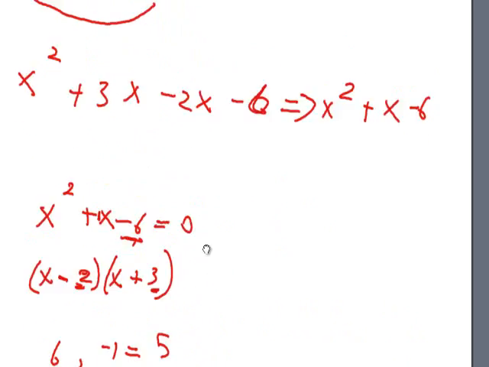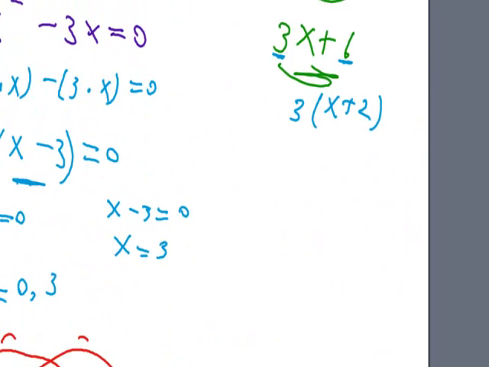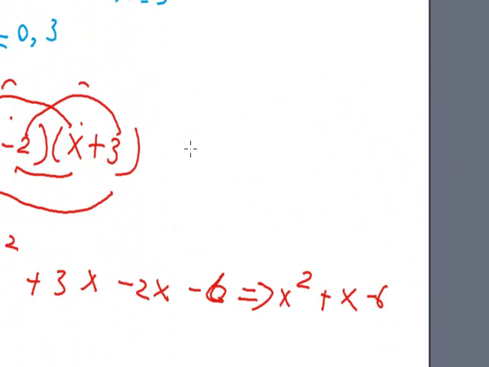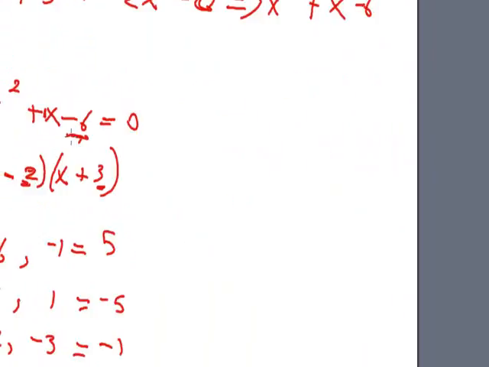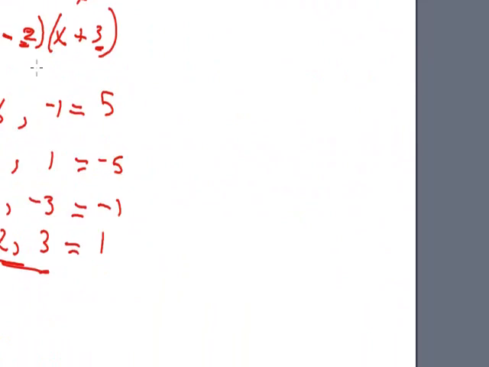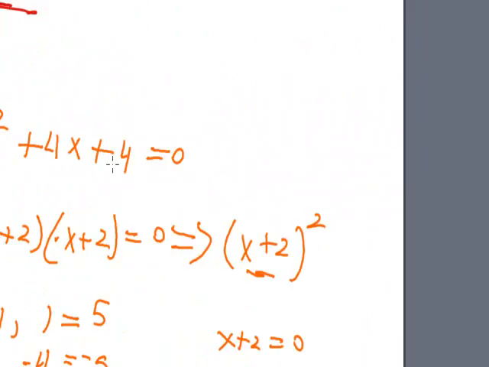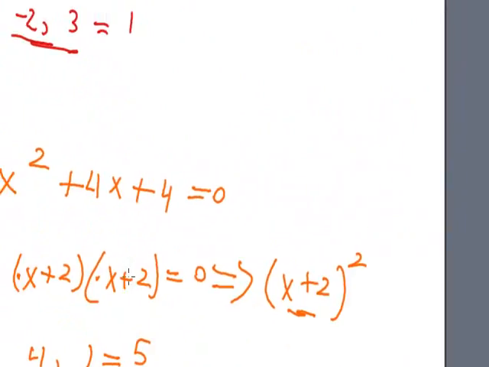You can see up here, right here, this is a negative. And that's because when you multiply this negative by this positive, you're going to end up with a negative number. When you multiply a positive by a positive, you're going to end up with a positive number. So that's one way to figure out what these two signs are.